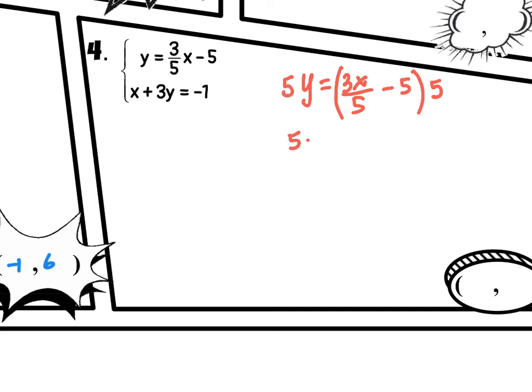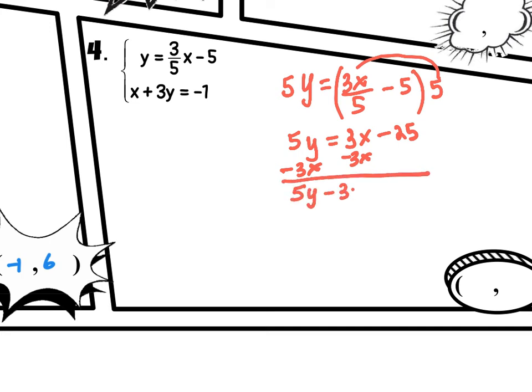So I have 5y equals 5 times 3 over 5, which gives you back 3x. 5 times negative 5 gives you negative 25. I'm going to move the x to the left side. I'm going to subtract 3x from both sides. And I have 5y minus 3x equals negative 25.